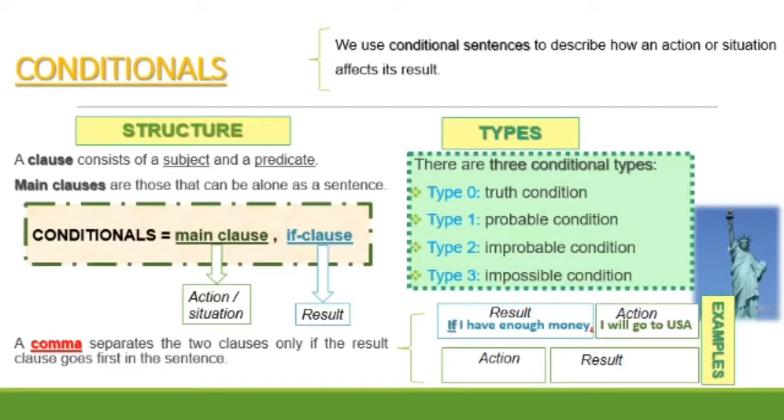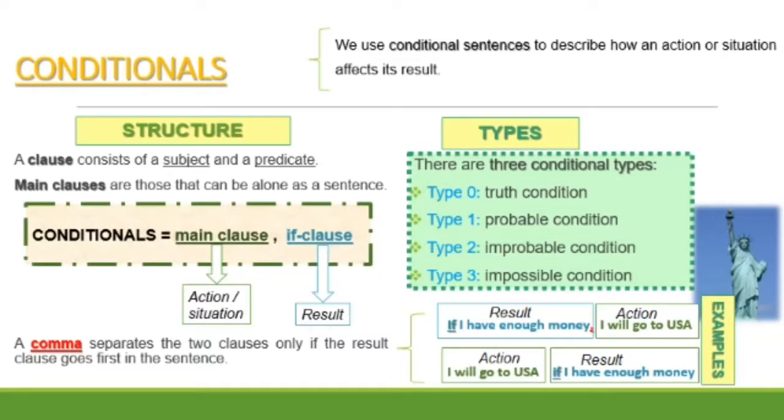So here I have the if clause at the beginning of the sentence. When I have the if clause at the beginning, I have to put a comma to separate the if clause and the main clause. But when I have the main clause at the beginning of the sentence, it's not necessary to use the comma.